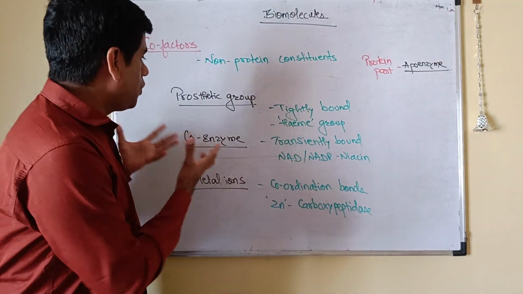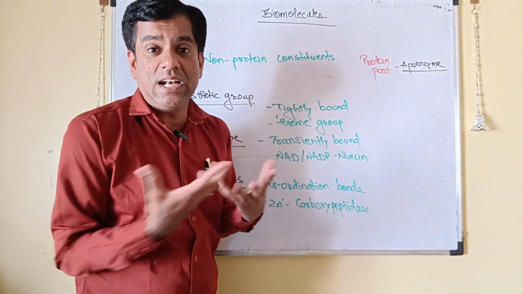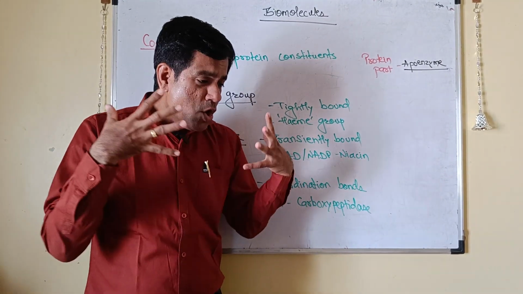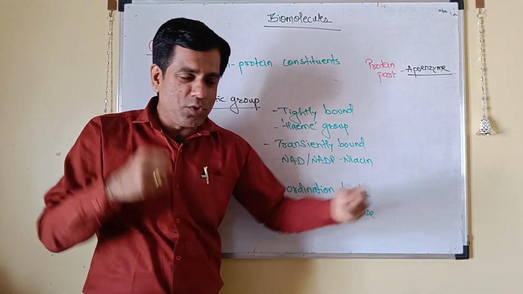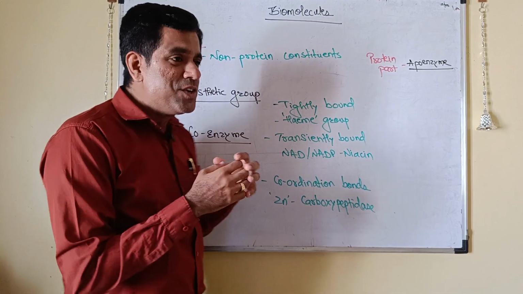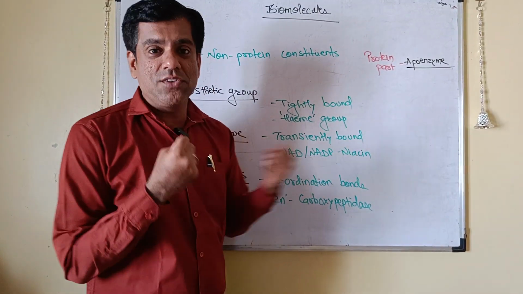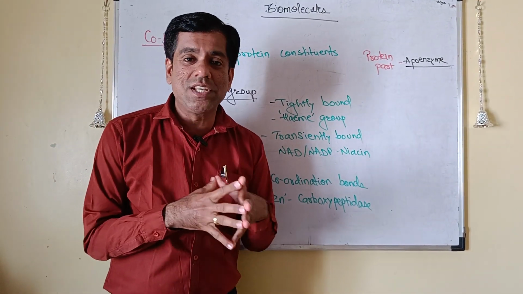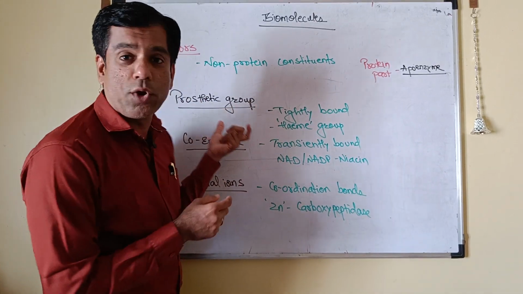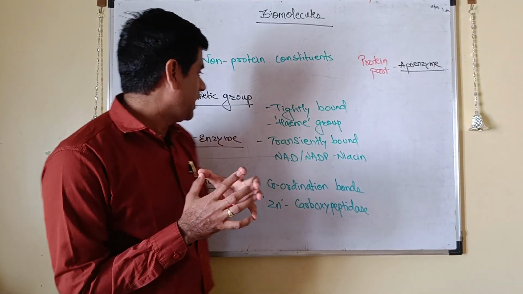If the cofactor is very tightly bound to the surface of the enzyme, like covalently bound, and you are trying to remove it, you cannot remove it without destroying the enzyme. So if it is an integral part of the active site, very tightly bound to the surface of the enzyme, we call it the prosthetic group, an organic molecule, right?